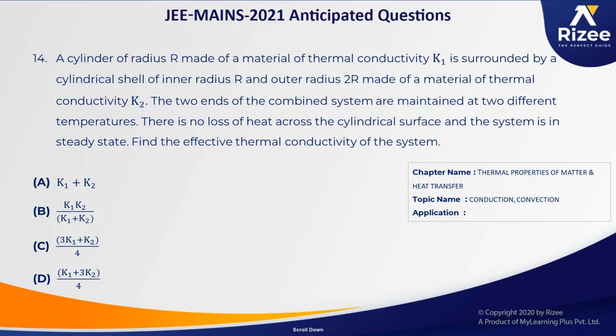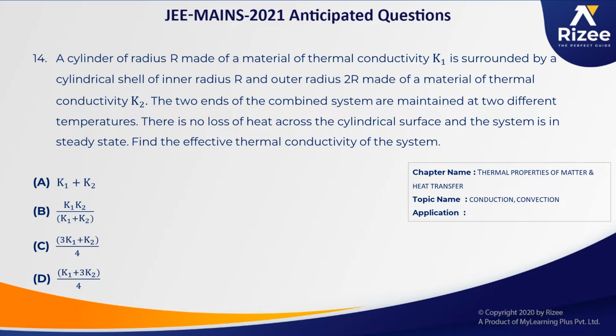Now coming to question number 14. A cylinder of radius r made of a material of thermal conductivity K1 is surrounded by a cylindrical shell of inner radius r and outer radius 2r made of a material of thermal conductivity K2.